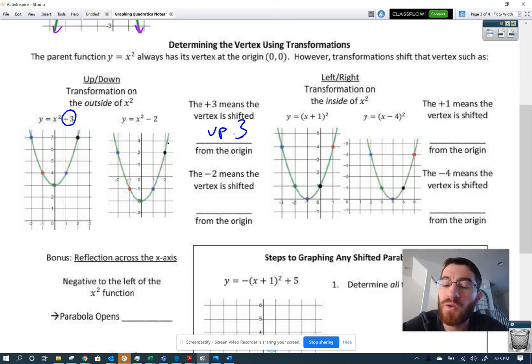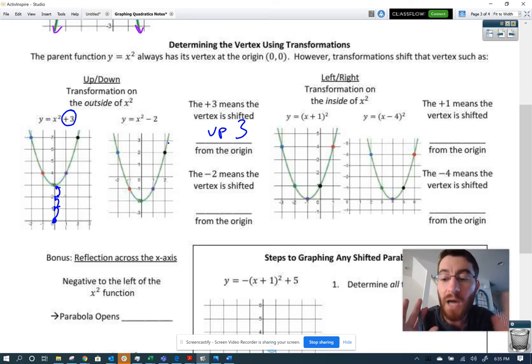That's called the transformation. You're going to be asked on assessments, what is the transformation that this parabola has relative to its parent, x squared? And if you see that +3, you'll say up 3. That's your answer. So what does that mean? Usually we start at the origin, but instead we go up 1, up 2, up 3, and now we're up at 3.